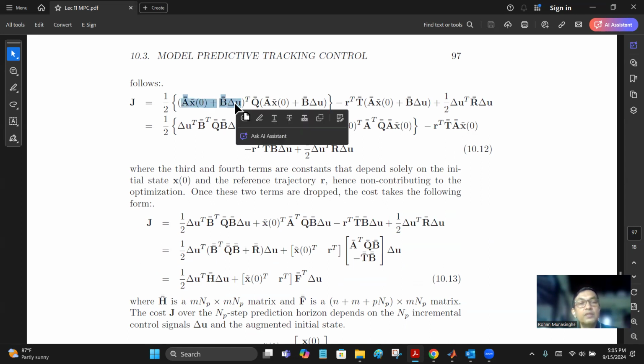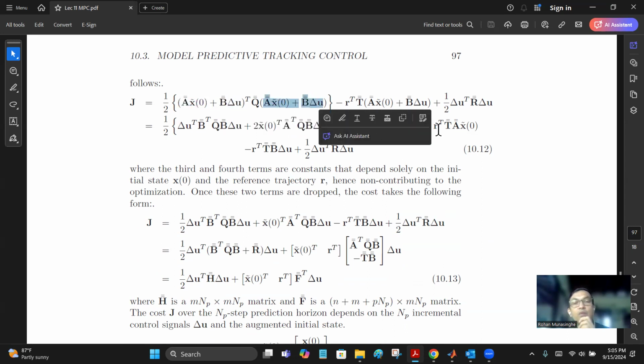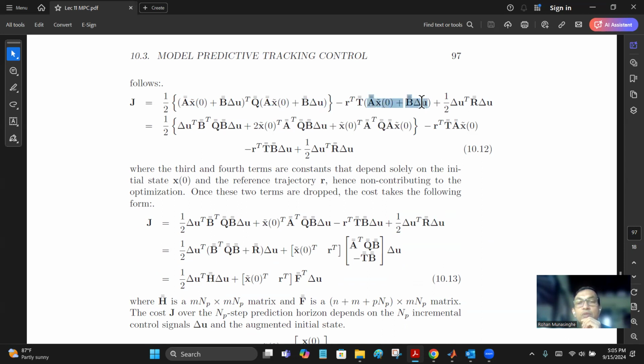This is x tilde transpose, and this is x tilde. You keep writing it, and here also you have x tilde. You substitute for that. And then this is the last term. Then you multiply this, expand this into 1, 2, and 3 terms.